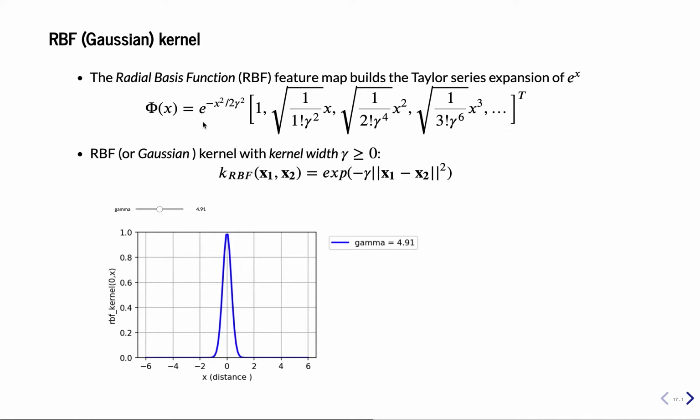So this means that this feature map in principle builds an infinitely high dimensional space, with the caveat that, of course, because we have one over gamma here, the higher order terms get, the smaller the influence gets. Right? So the first ones have more influence than the last ones.